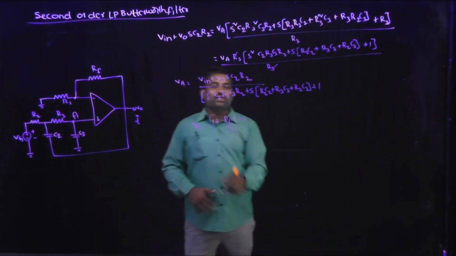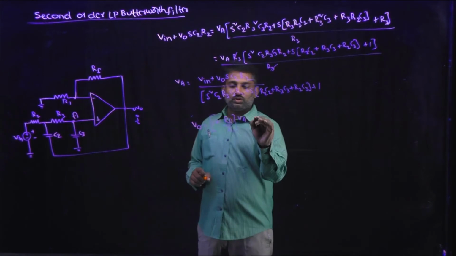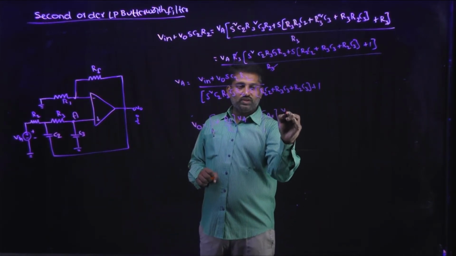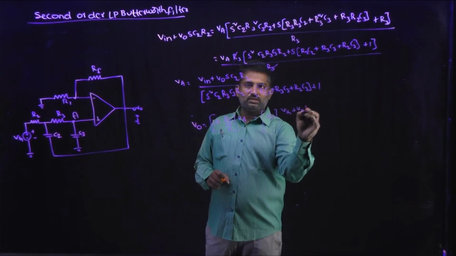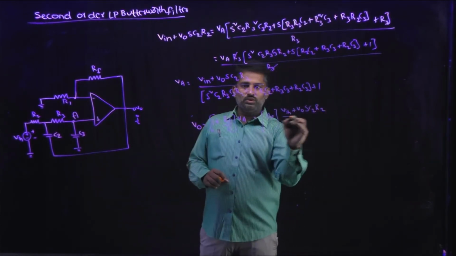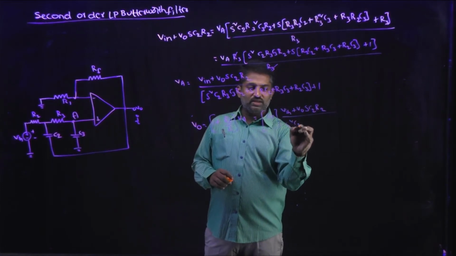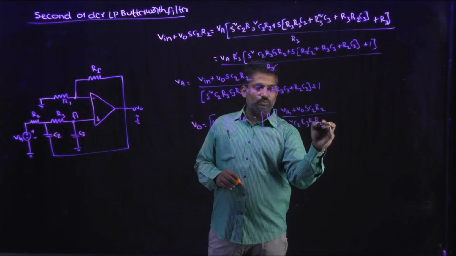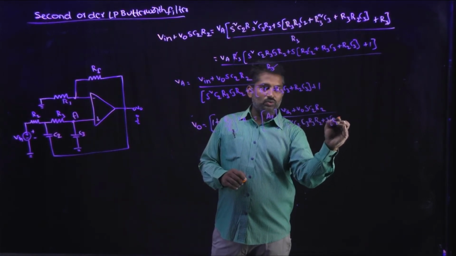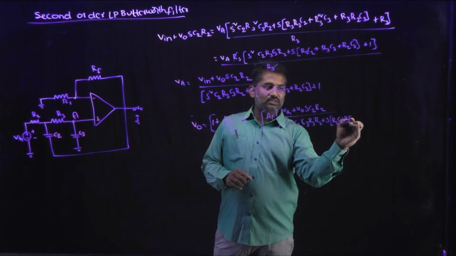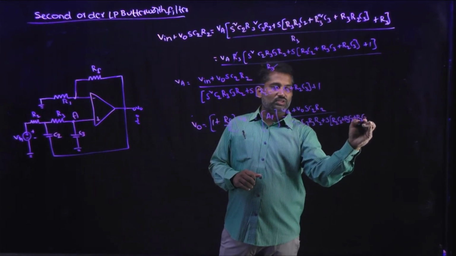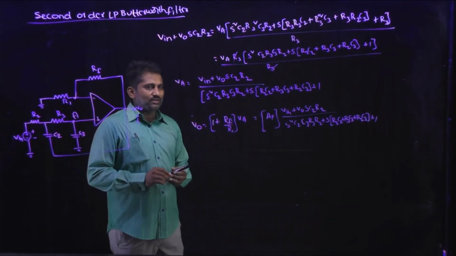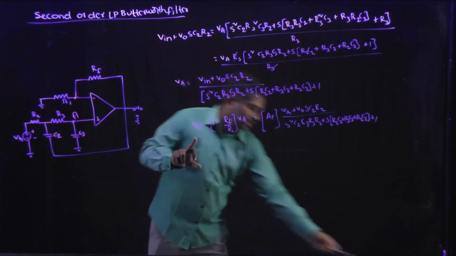Substituting the value of VA, we get AF into Vin plus V0 SC2 R2 divided by S square C2 C3 R3 R2 plus S into (R2 C2 plus R3 C3 plus R2 C3) plus 1. This is what we get once we substitute in this expression.